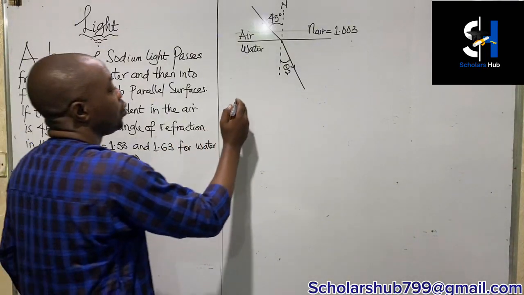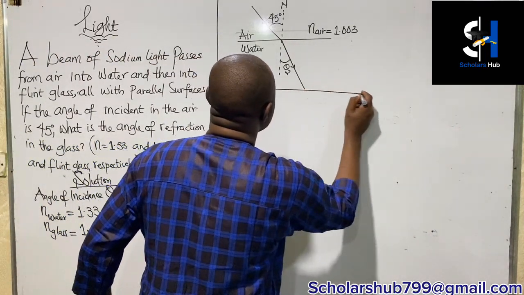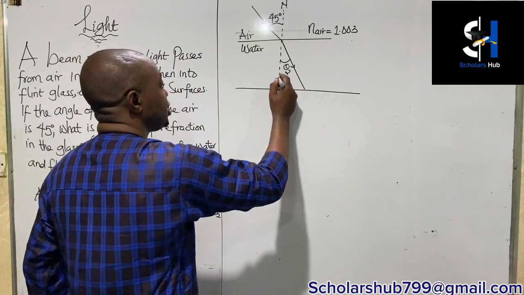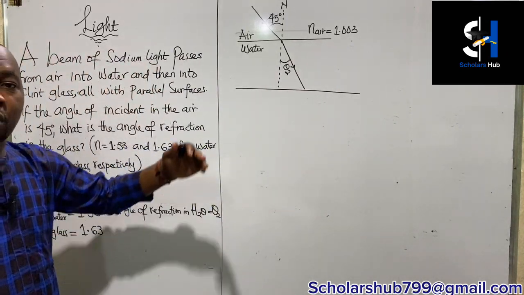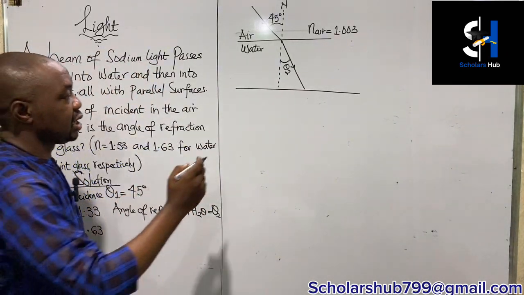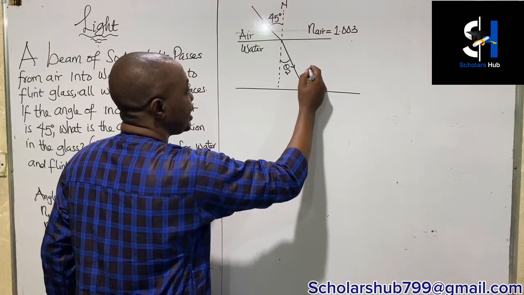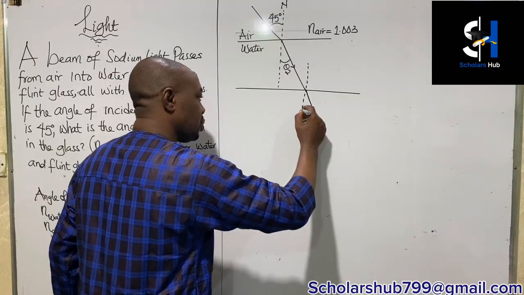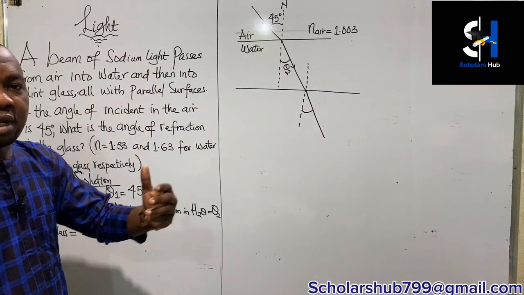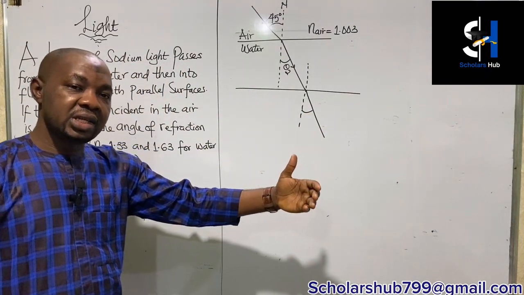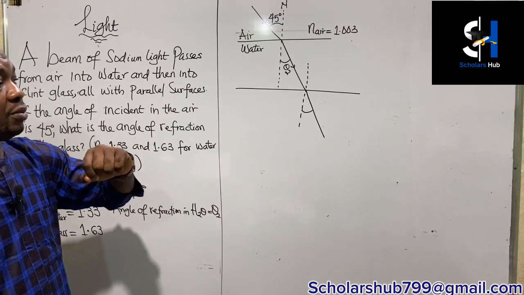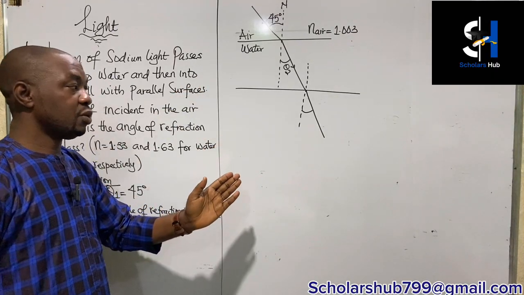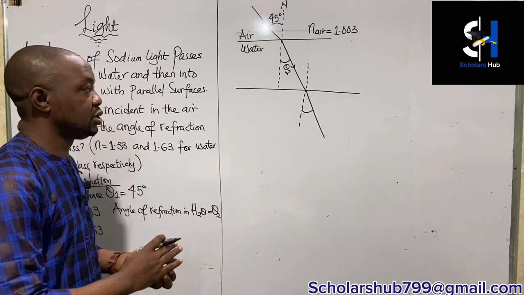So now when the light in water gets to the boundary separating water and the flint glass, it again refracts. It again bends towards the normal. Remember, when light passes from a less dense medium into a denser medium, the light will bend towards the normal. That means it will refract towards the normal.